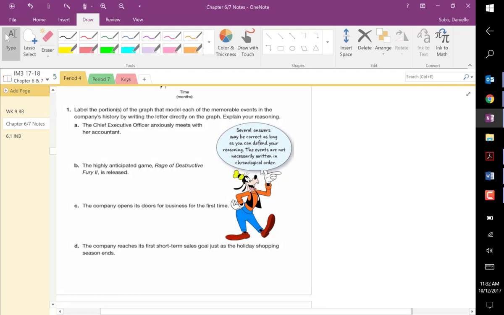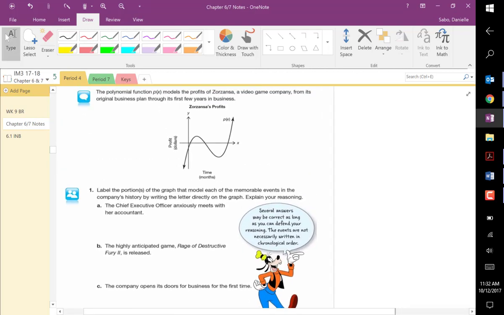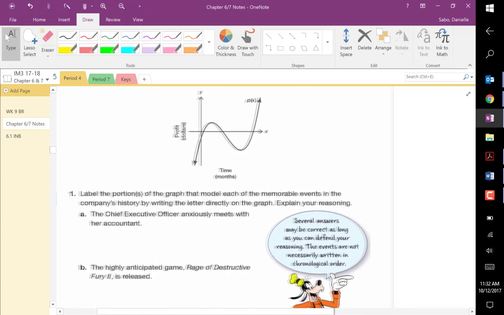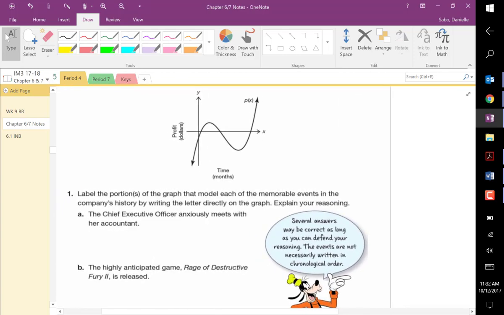Okay. Label the portions of the graph that model each of the scenarios here, the memorable events in the company's history, by writing the letter directly on the graph and explain your reasoning. So let's take a look here. Now, the first one's actually pretty hard, but the rest of them are pretty easy. Take a look at your graph. The chief executive officer is anxiously waiting for her accountant.